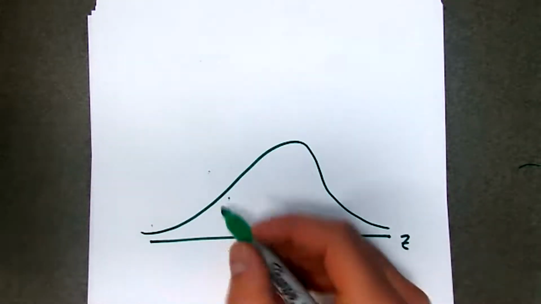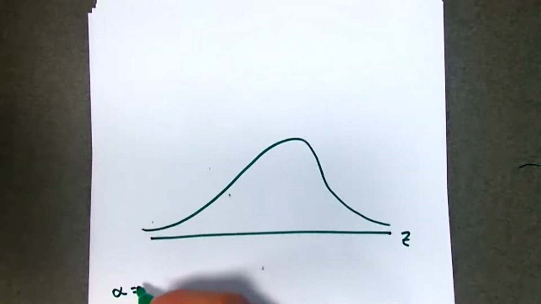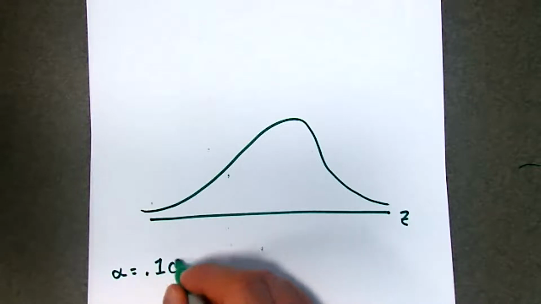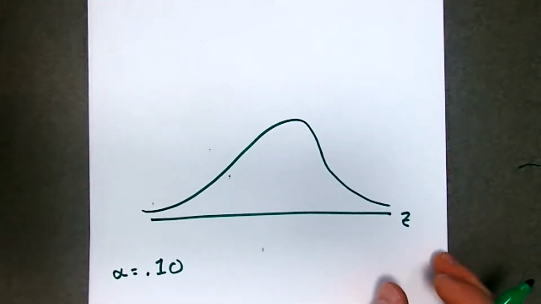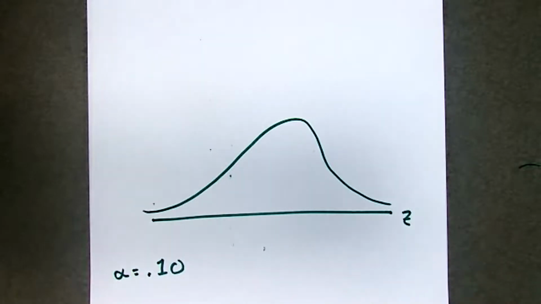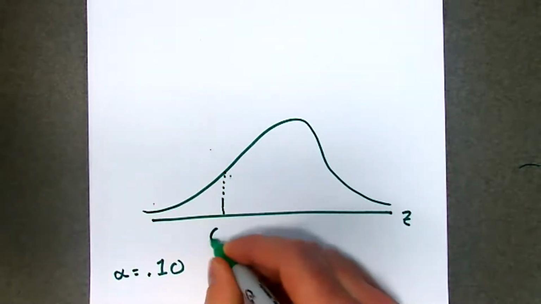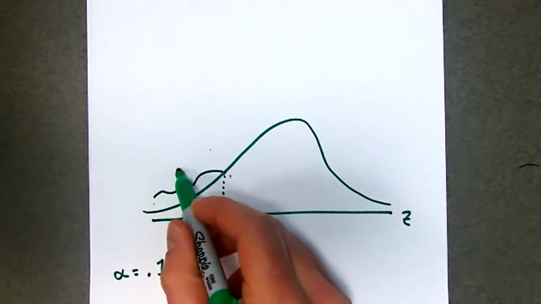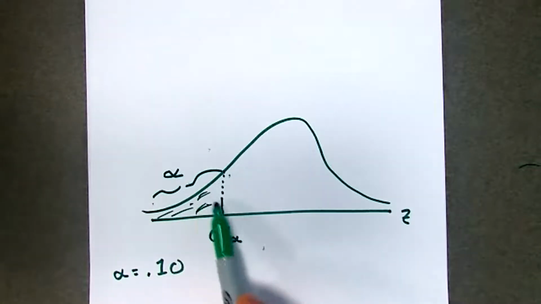Let's say I have an alpha set at 0.10. I know that there is a z value that corresponds to having an area of alpha total in this left tail.